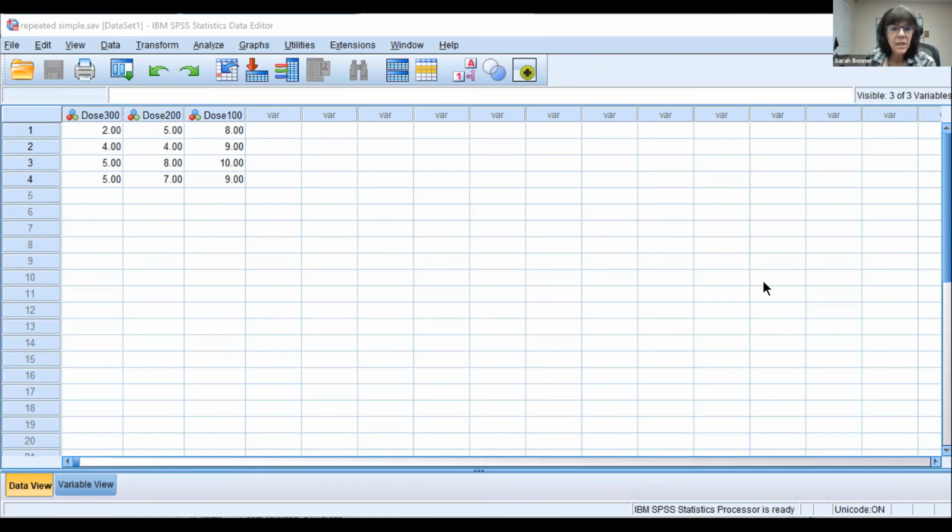And you'll see that Greenhouse-Geisser adjusts the degrees of freedom. Wilks does not in this case, because you have non-substantial departures from the assumption of sphericity. And we're going to stop here for a minute before we look at anything else in SPSS.